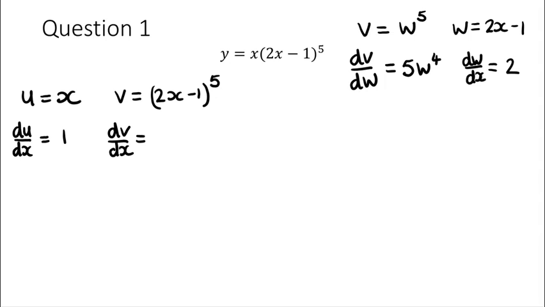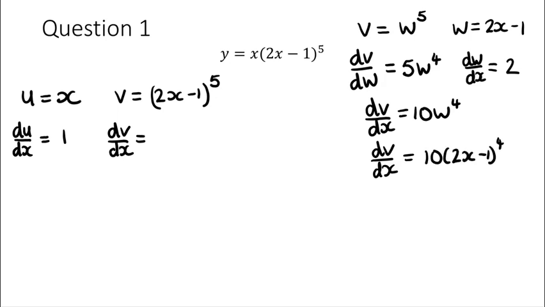So I want to find dv by dx, so if I multiply dv by dw times dw by dx, the dw's cancel, which gives me 10w to the power of 4. But we want it in terms of x, so let's just put that w equals 2x minus 1 back in. And there we go. So dv by dx is 10 times (2x minus 1) to the power of 4.